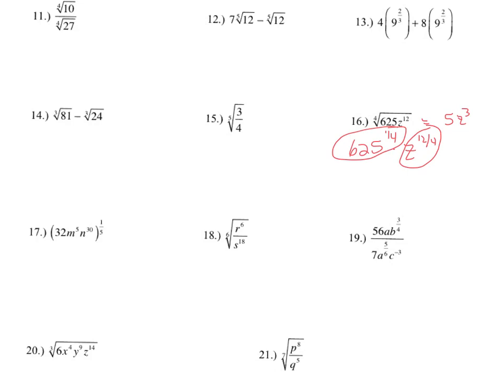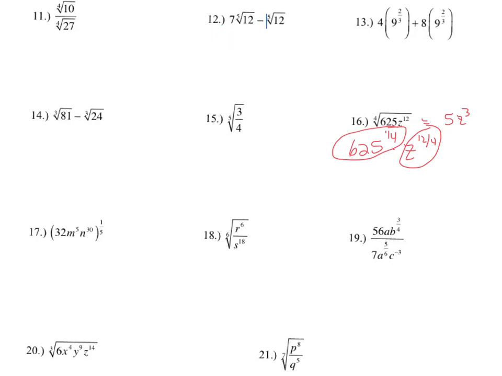Okay, now we're ready for the adding and subtracting. So problem 12 says 7 times the fifth root of 12 minus the fifth root of 12. You're actually ready to go ahead and subtract the way it's written because they're both fifth roots of 12. So the radicands have to be the same, the index has to be the same, and then you subtract your leading coefficients.